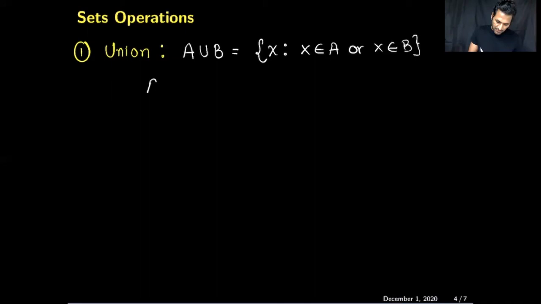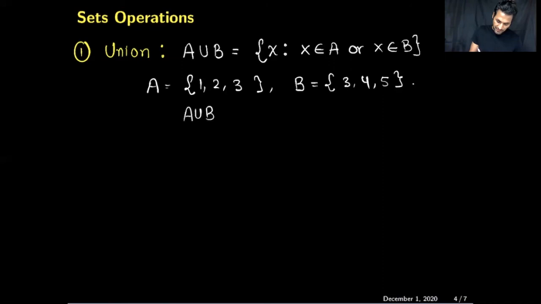For example, let's suppose you have a set A, which is 1, 2, 3, and a set B, which is 3, 4, and 5. Then A union B will be the set which contains all the elements of A and also the elements of B. 3 is already there, so I will write 1, 2, 3, 4, and 5.